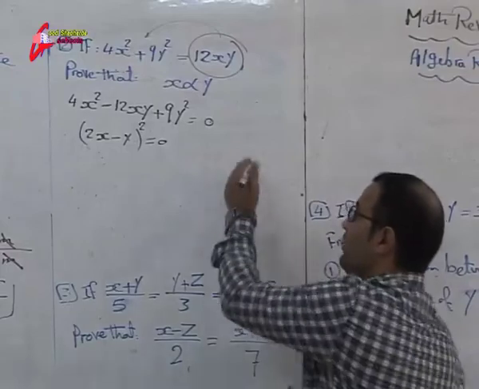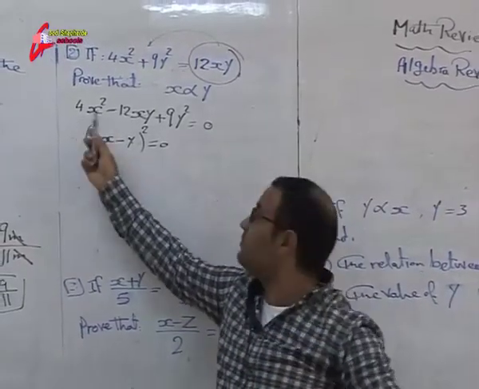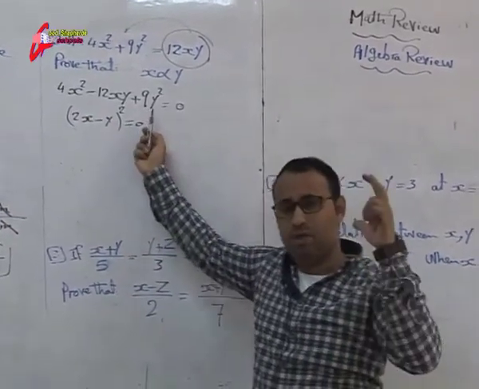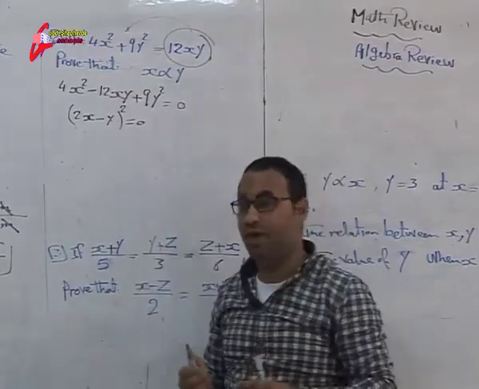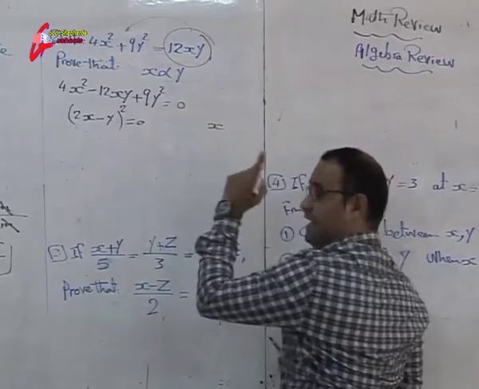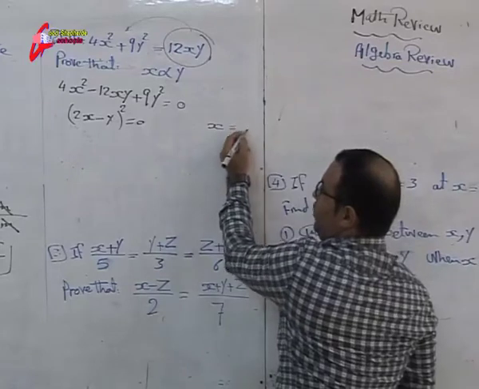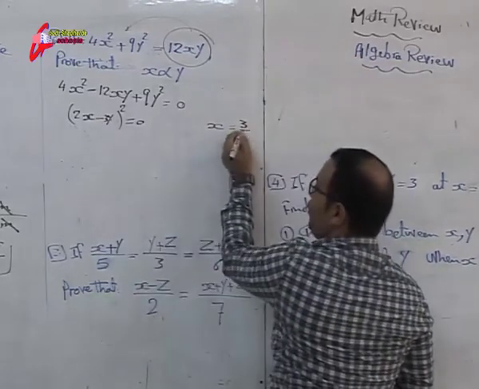Press mode 5-3, take 4 equals, negative 12 equals, 9 equals again. The last step, 2 equals. The answer will be x once, not x1 and x2. X equals 3 over 2.